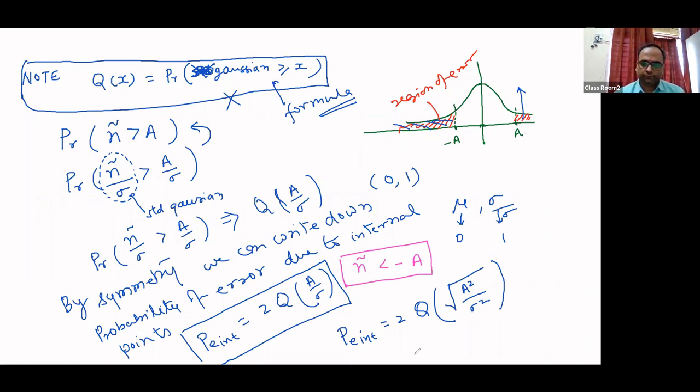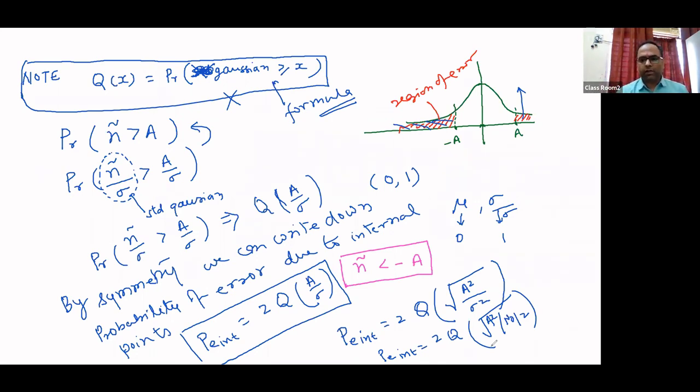So you can write it down, if the noise n tilde is a white Gaussian noise, then probability of error internal can be written as 2 times of Q of under root of a square upon N naught by 2, because sigma square will be N naught by 2 if the noise is white noise.